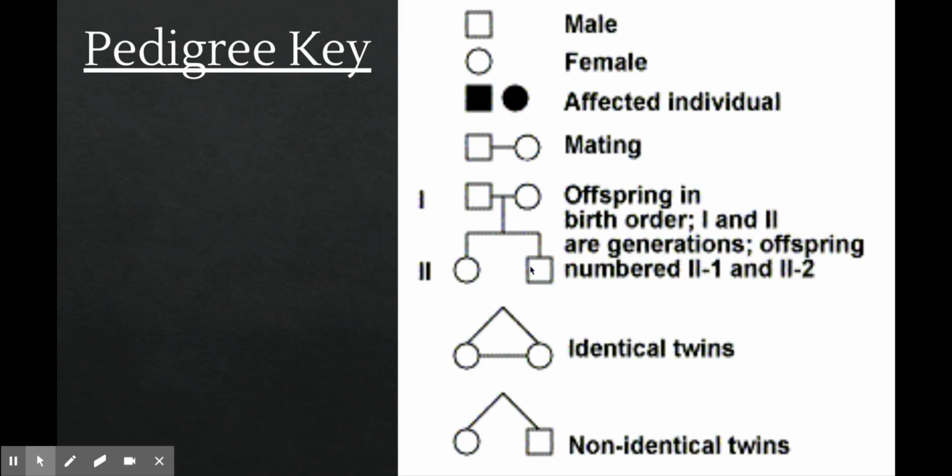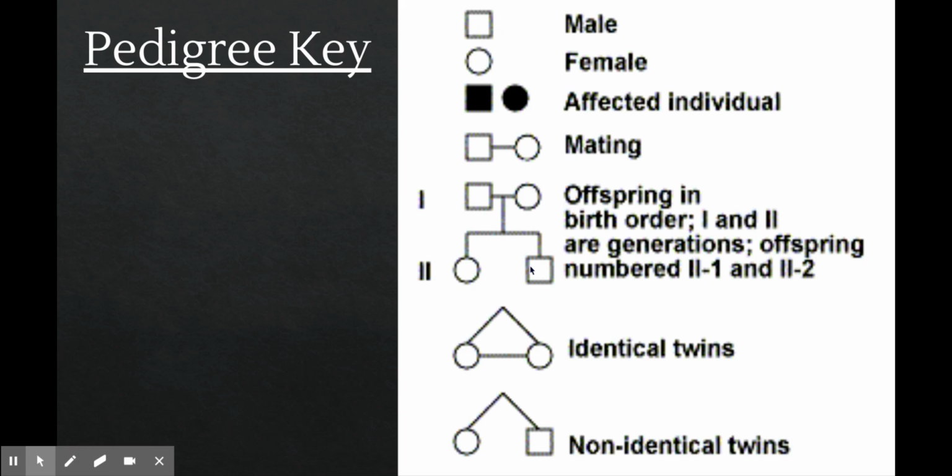Now, when you write a pedigree, this is the system that is generally used. There are a number of other symbols that are used as well for more specific circumstances, but this is kind of the basics. So squares represent males, circles represent females. If you are tracking a specific disease or trait, anyone whose shape is shaded in the pedigree has that trait or that disease.